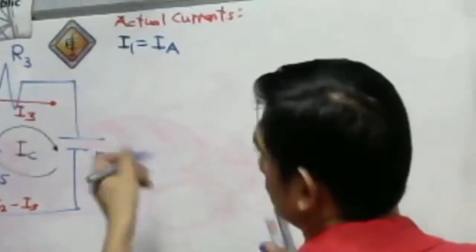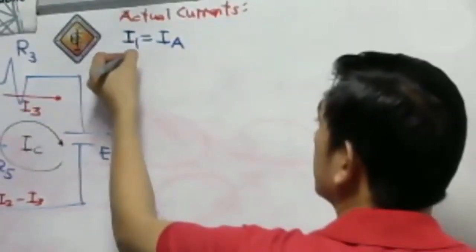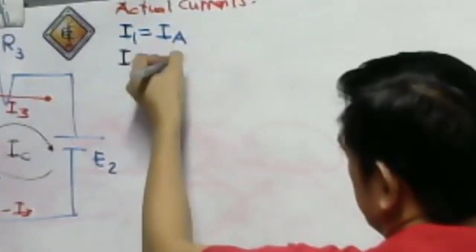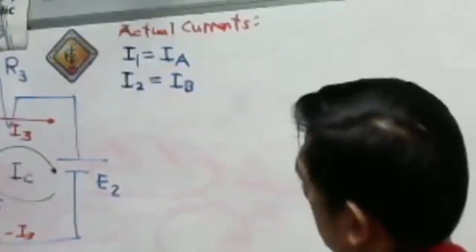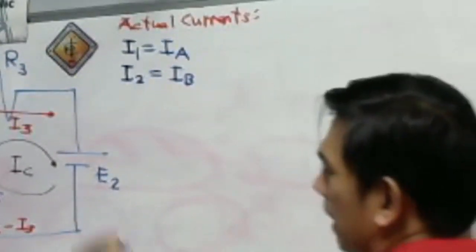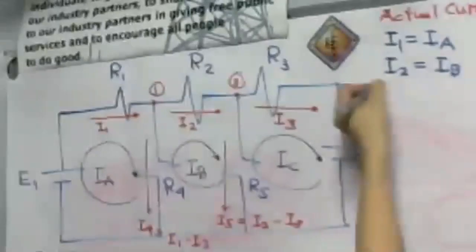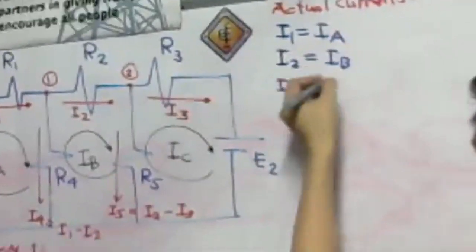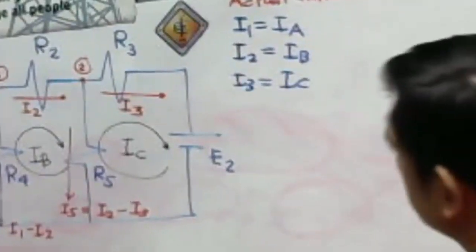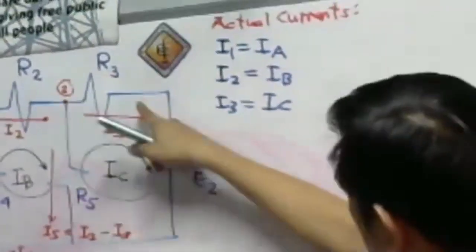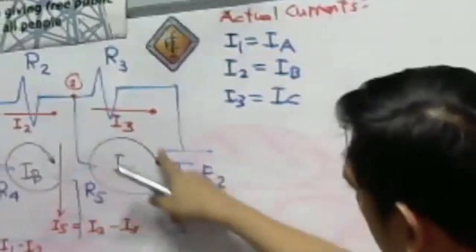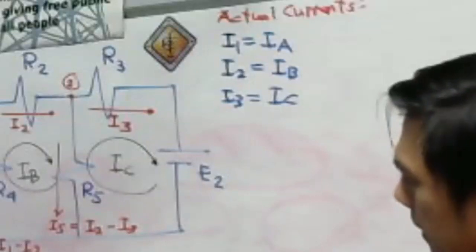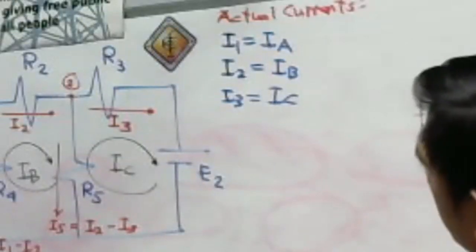So we may say that our I sub 2 is equal to I sub B. Then what about our I sub C? Our I sub 3 is simply equal to I sub C.